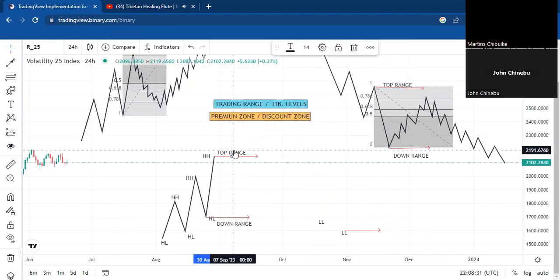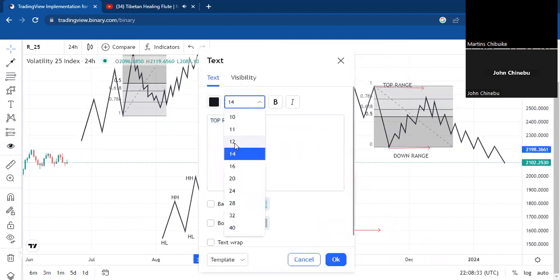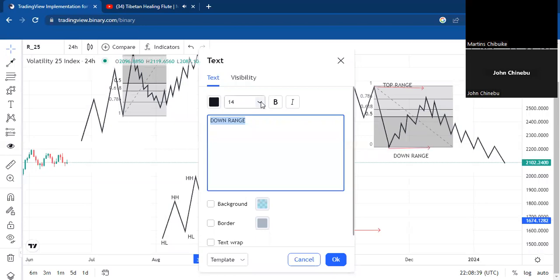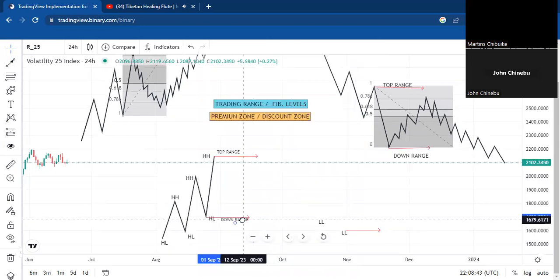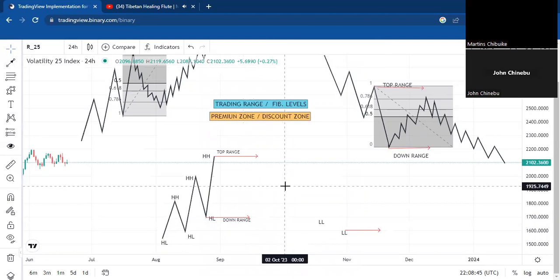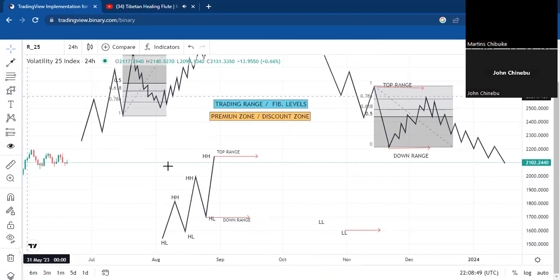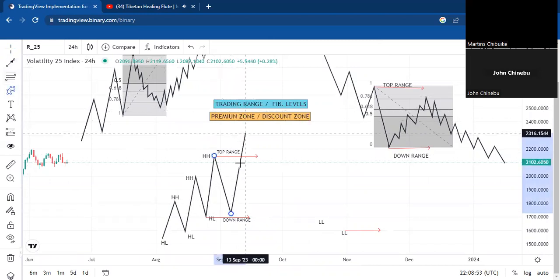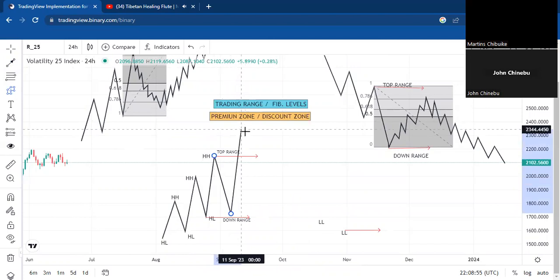Is it not true? Let me reduce the size. Okay, your top range and your down range. Now, we are expecting this market to come this way before going up, to create another higher low before creating another higher high.